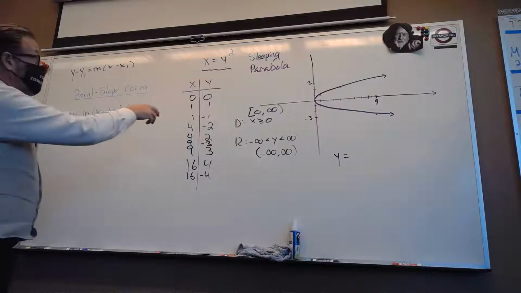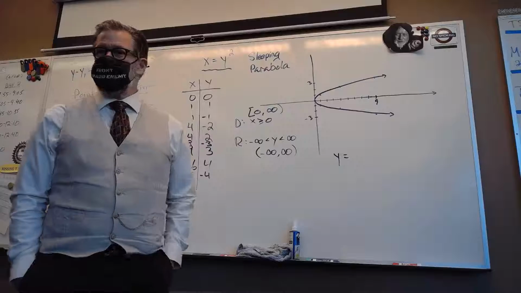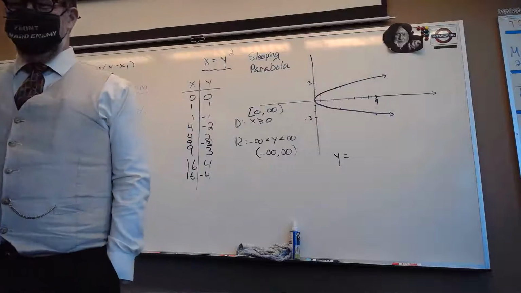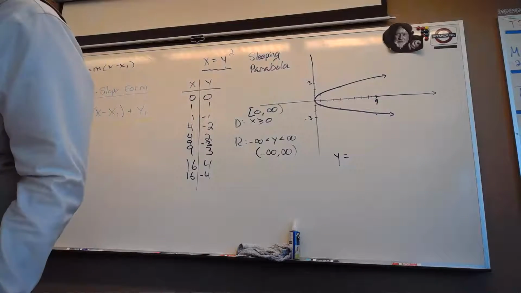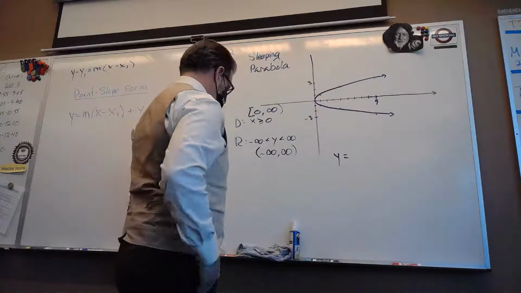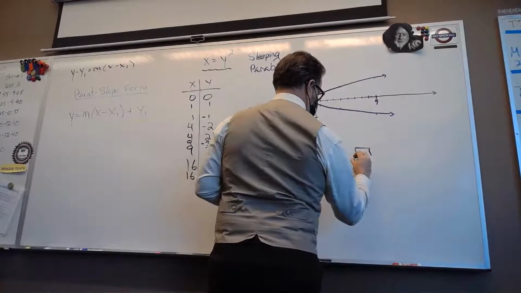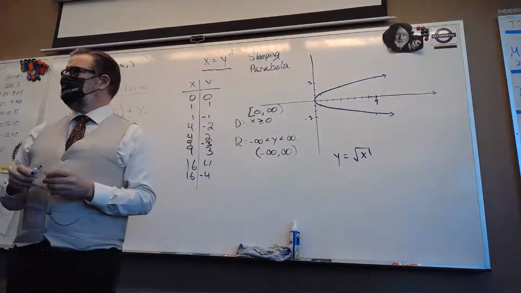Henry, how do you solve that for y? I haven't even started yet, I'm sorry. Oh, okay. Terrell, how do you solve that for y? You would square root both sides. Yes?